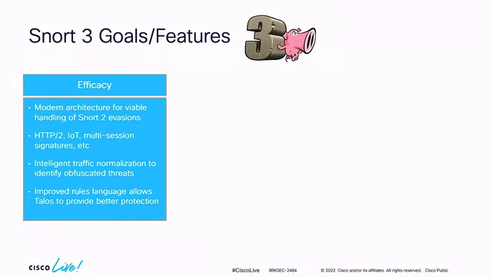So Snort 3, these are the main goals that we were looking for when they started work on Snort 3. And Snort 3, as you may know, has been in the works for a long time. So it finally came out a couple years ago, but it's been a long time working on getting to Snort 3. So we wanted a modern architecture. And the idea is for better handling of the Snort 2 evasions.